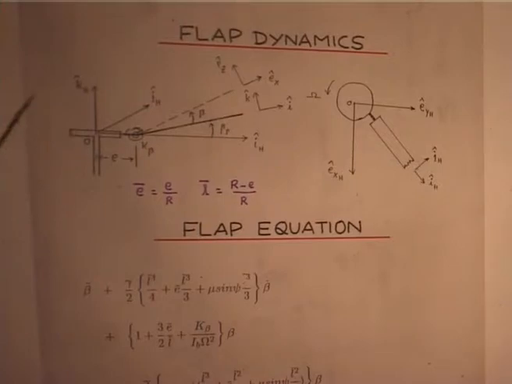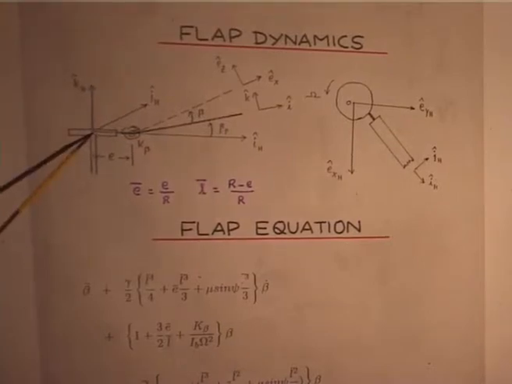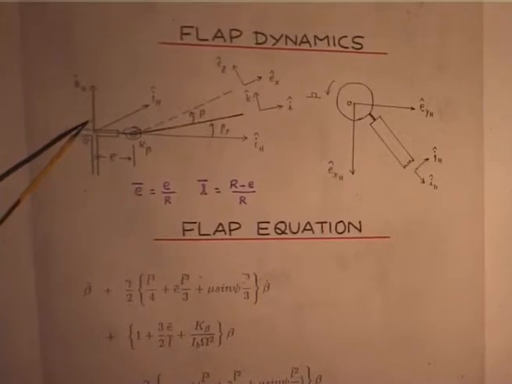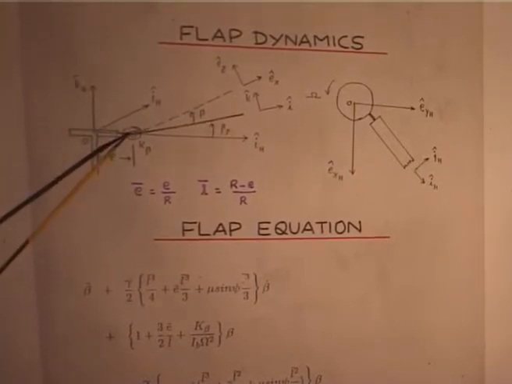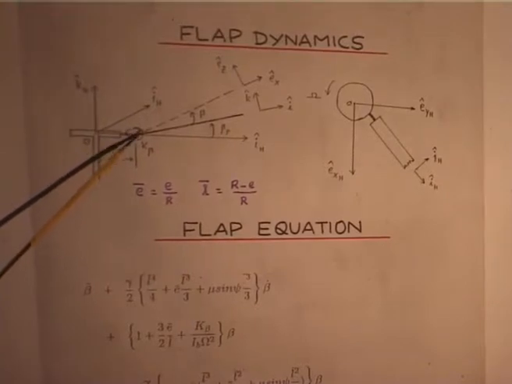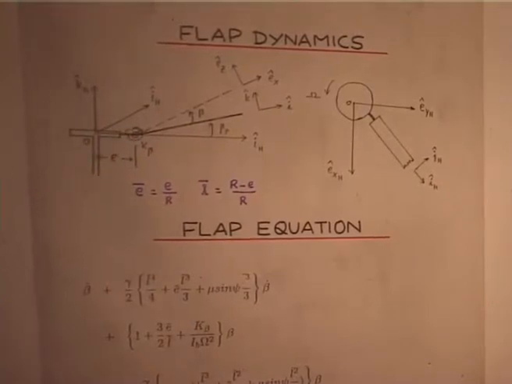Now, you see, I am slowly complicating my blade model. Earlier we had a centrally hinged blade and we put a spring restraint. Now, I am having an offset and a spring. Okay. This is what a real life blade is.